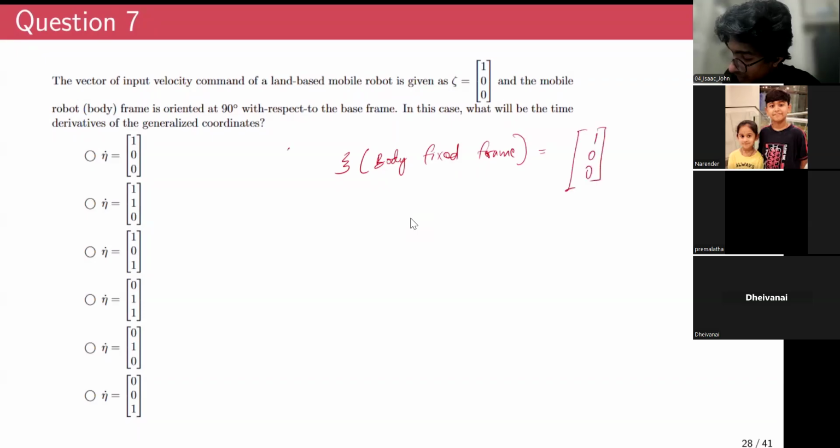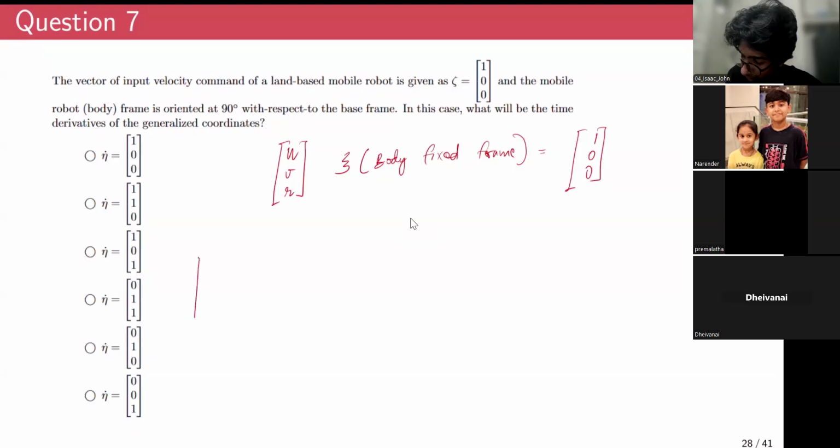I hope you can recall what these zeta are. These are u, v, r, the longitudinal, lateral, and angular velocities in the body frame of reference. And the mobile robot is oriented 90 degrees with respect to the base frame.